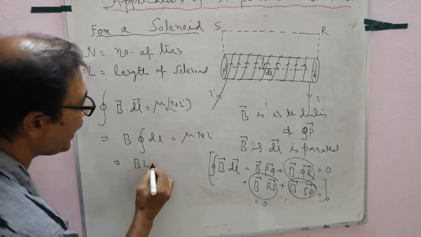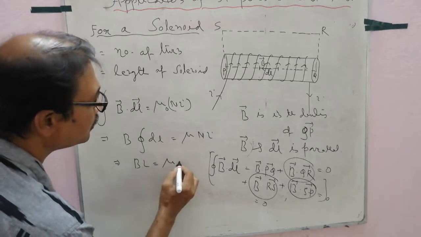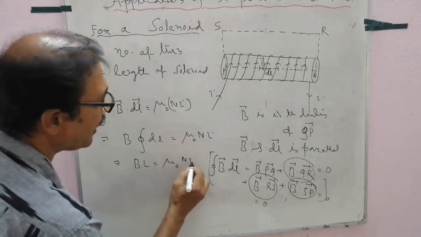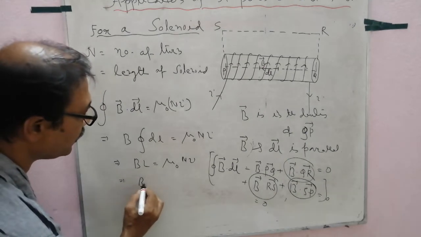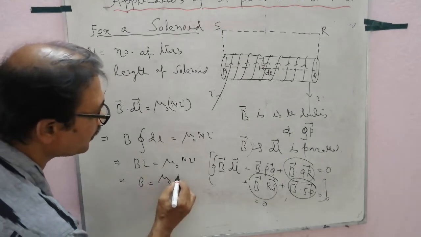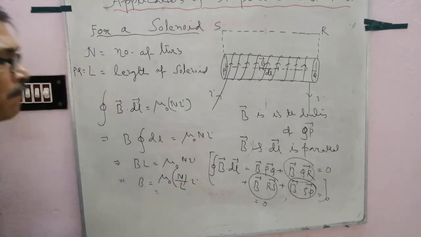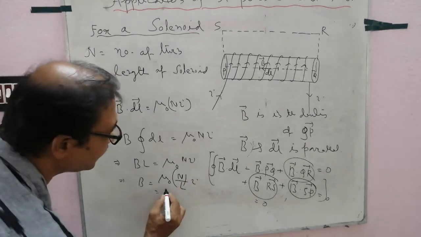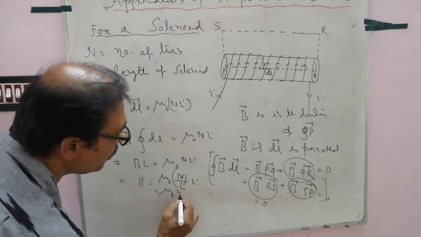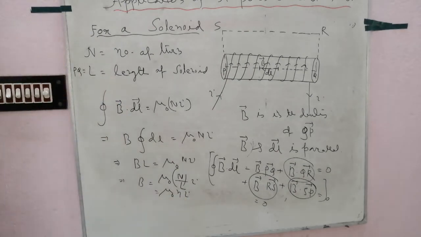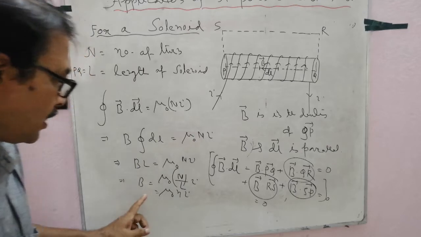So B L equals mu 0 N I, that is B equals mu naught N by L into I. What is N by L? Number of turns per unit length, that is mu 0 n I, in Tesla of course.